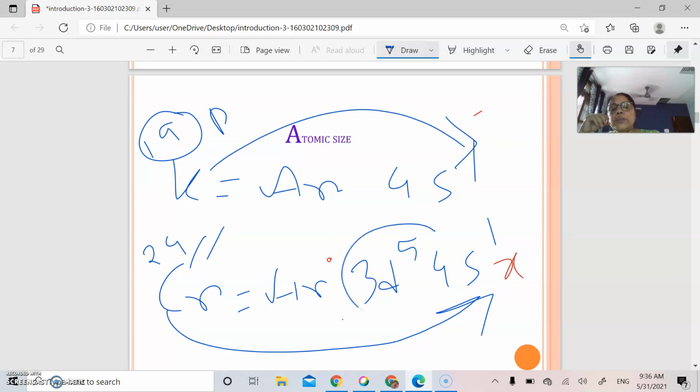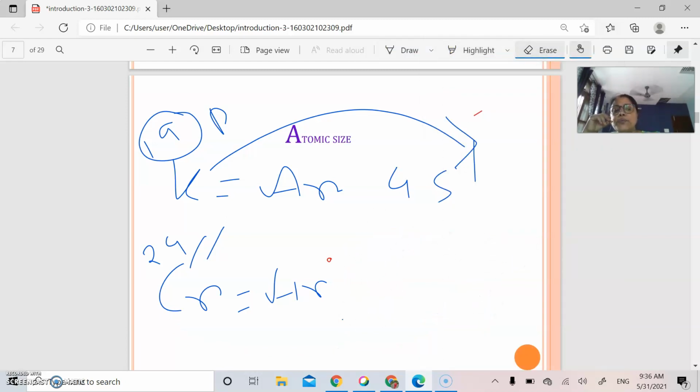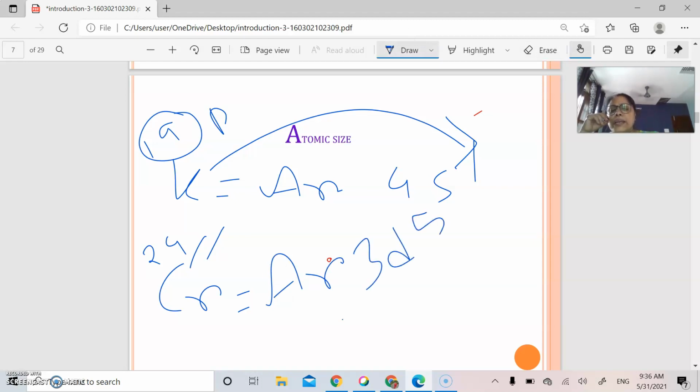Here, even though there are 5 d electrons in between, these electrons will have hardly any shielding or screening effect, and that is why instead of decreasing the nuclear force, these d electrons behave as if they are absent in the system, though there will be a very small amount of negligible shielding.